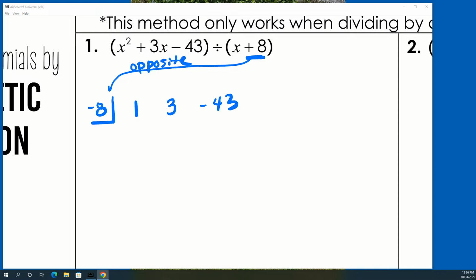All right, what you're going to do now is leave some space and then draw a line. And then this first number is going to come under the line, so that's going to be a 1.